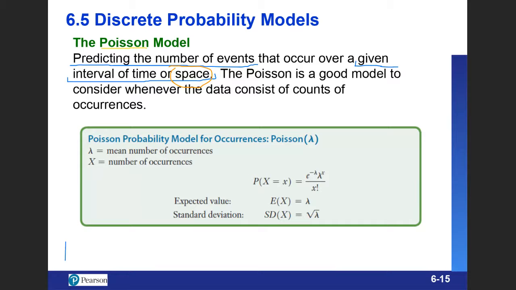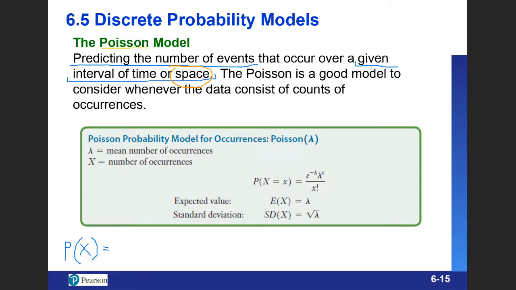So I'm going to rewrite what you see on the screen because there's too much going on here. If I want to calculate the probability of X, so let's say the probability of 100 trucks arriving at that border crossing every hour, what's the formula I'm going to use? Well, I know it's a Poisson model, so I'm going to use the Poisson model formula, which was discovered by Simeon Poisson, right?